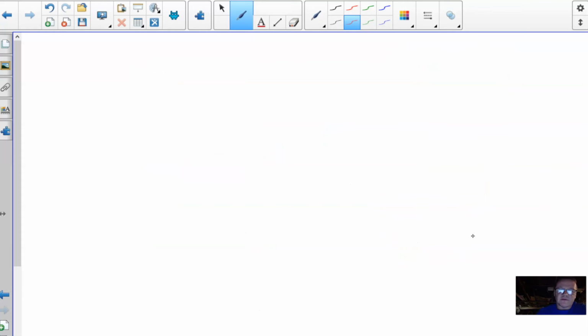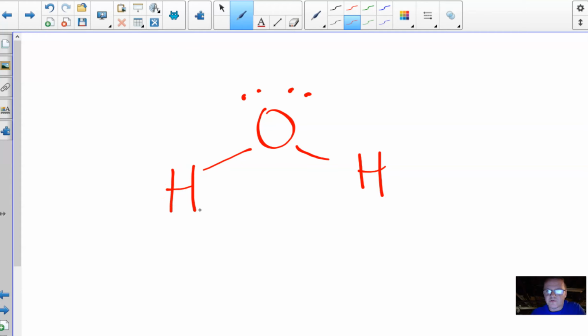Another example of that, let's look at water. When we draw the Lewis structure for water, okay, there's the Lewis structure for water. And you might say, well, Stotts, if we go right down the middle, it is symmetrical left and right, but it's got to be symmetrical in all aspects. So if I were to try to bend it across that line, it's not going to be symmetrical.